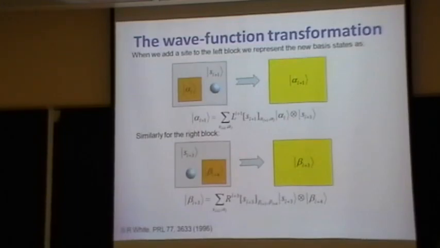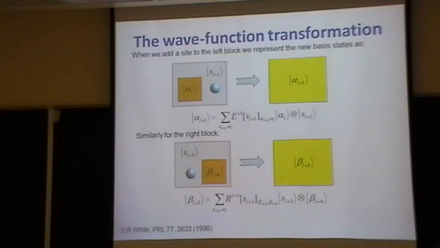All right. What we're doing is basically a change of basis. So let's assume that this L matrix here is responsible for this rotation to the new basis. So this new alpha L plus 1 is going to be a linear combination of the alphas of the block L, of size L, with the other spin. And similarly, for the right block, we do the same.